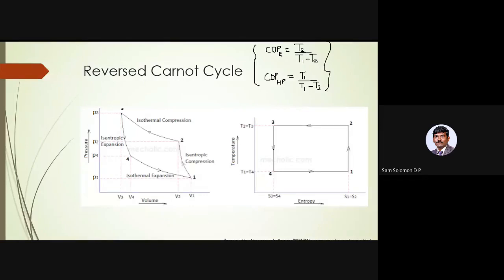Okay, so your Carnot cycle where all the four processes are reversible, that is the standard reference cycle, and it is based on this Carnot cycle that you have a reversible heat engine. A reversible heat engine is an ideal heat engine, that is always the reference. Your actual heat engines are not reversible. So when in a problem you see the word reversible, then you have to use temperature terms: 1 minus T2 by T1.